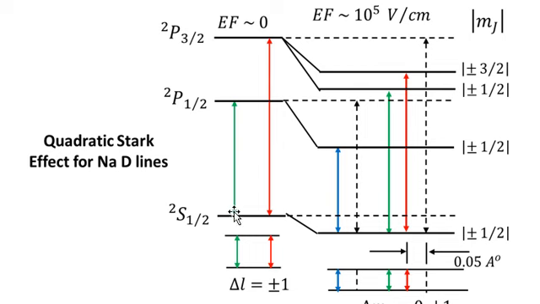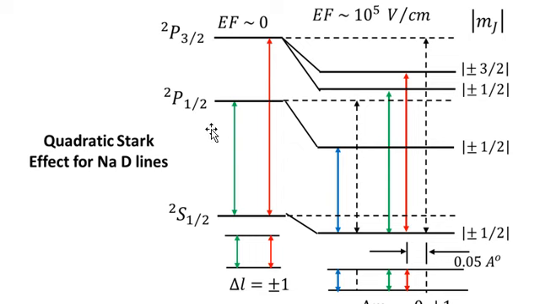The green transition represents the sodium D1 line, and the red line represents the sodium D2 line. These two lines are allowed under the optical selection rule that delta L is equal to plus or minus 1. That is, the change in the orbital quantum number should be plus or minus 1 for these transitions to occur.